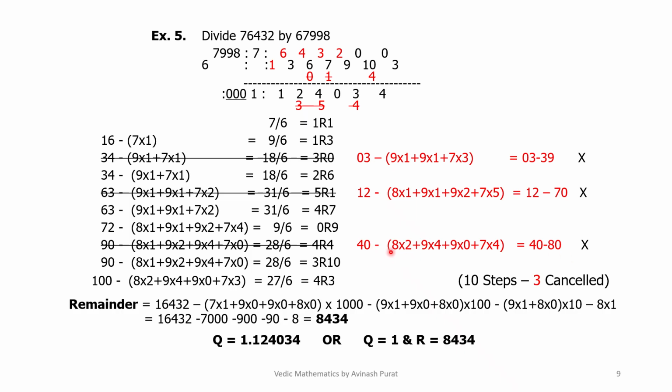So we get a minus figure, that is not possible. Sorry. So we go back to 90 dividend minus 8 into 1 plus 9 into 2 plus 9 into 4 plus 7 into 0, that gives us 28 by 6.